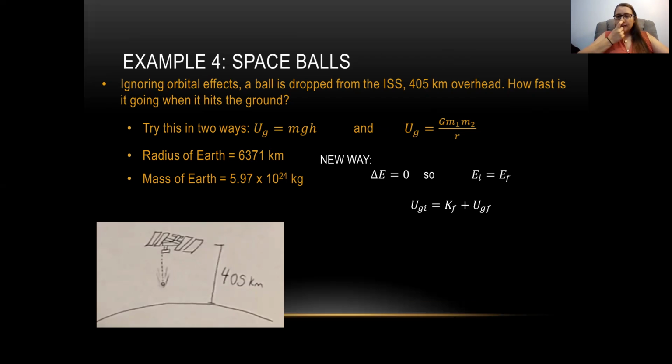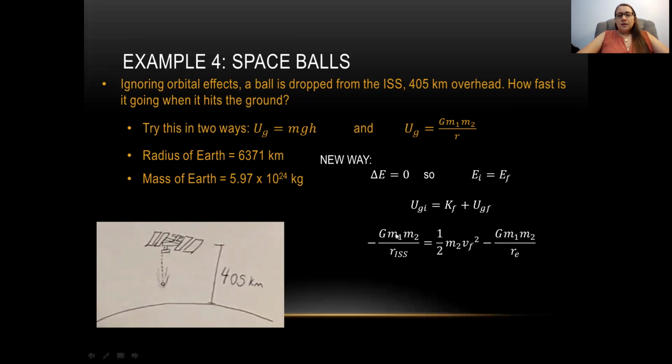So our new way, again, thinking about conservation of energy, because that's always true. Energy is always conserved. So its initial energy is still equal to its final energy. Now its initial energy is gravitational potential energy, but at the end, it still has gravitational potential energy because we're not thinking about the surface being our 0 point. The center of the Earth might be our 0 point here.